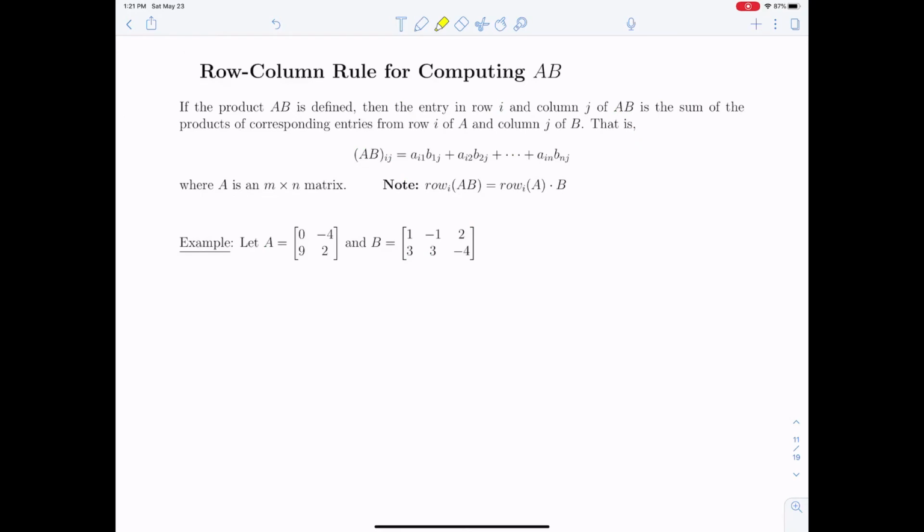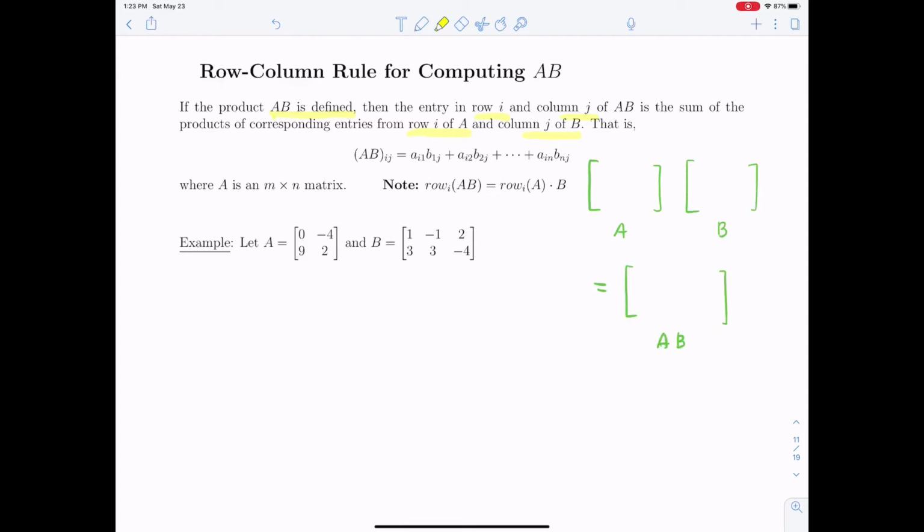In the previous example, we saw that we can calculate the matrix product AB by working on the column vectors, but we can also calculate the same thing component-wise. If the product AB is defined, then the entry in the ith row and jth column of AB can be calculated by taking the product of the ith row of A and the jth column of B. Suppose you have two matrices, this one A and this one B, and this is AB.